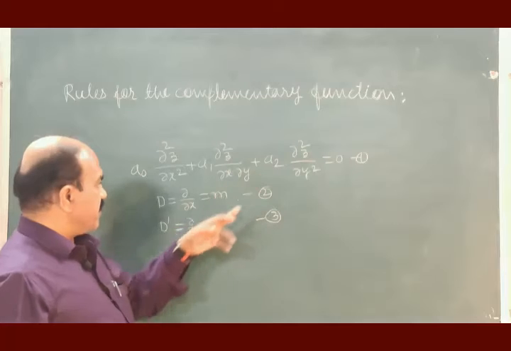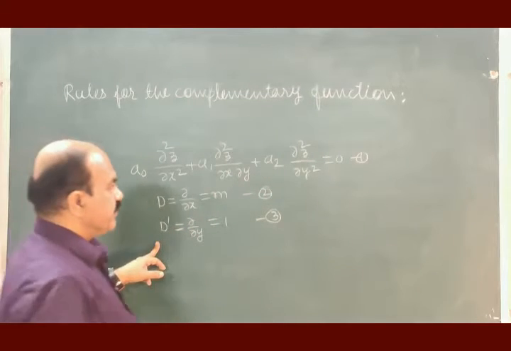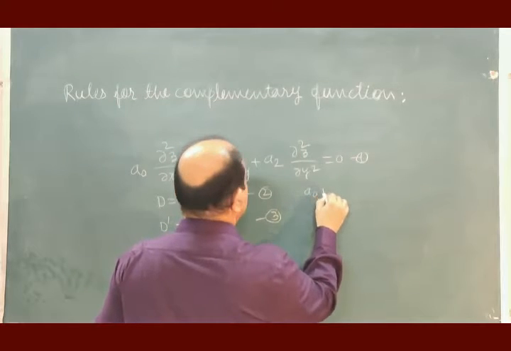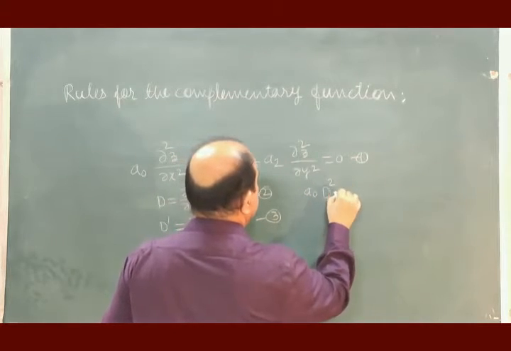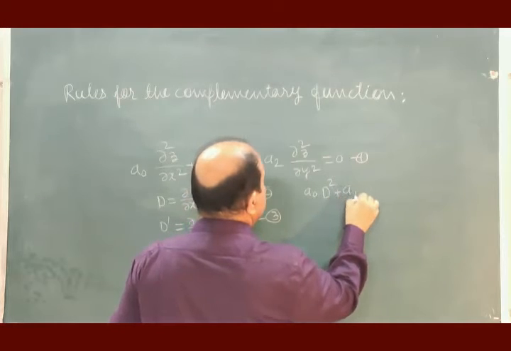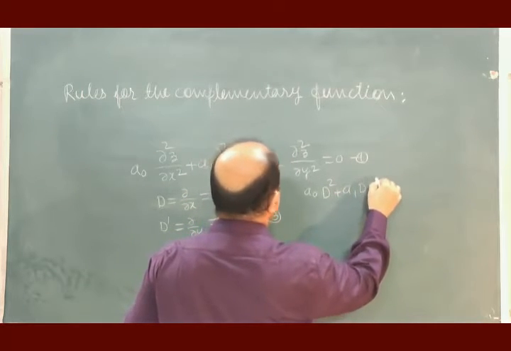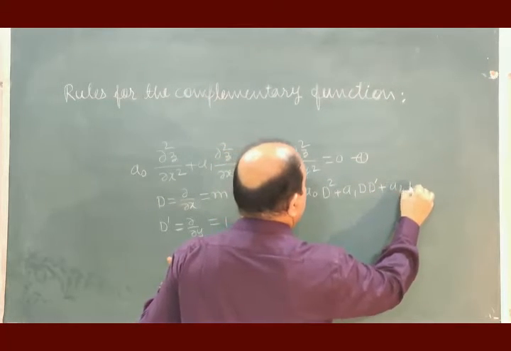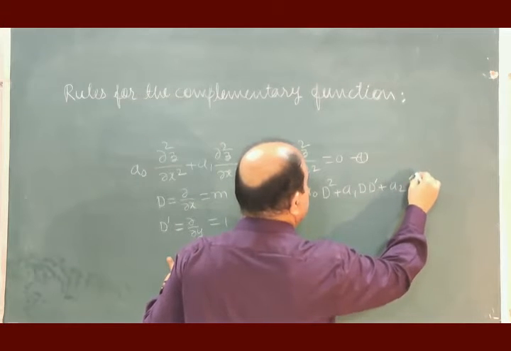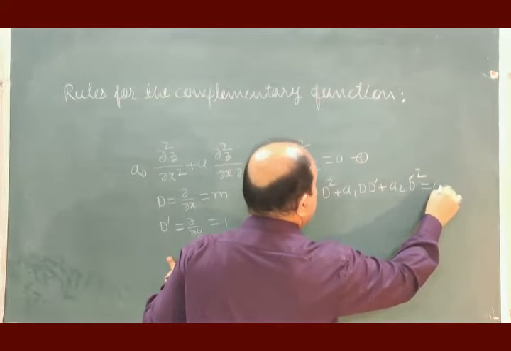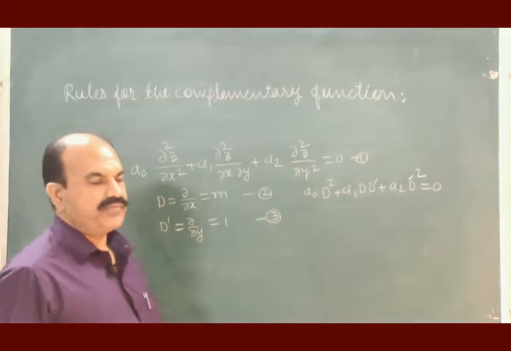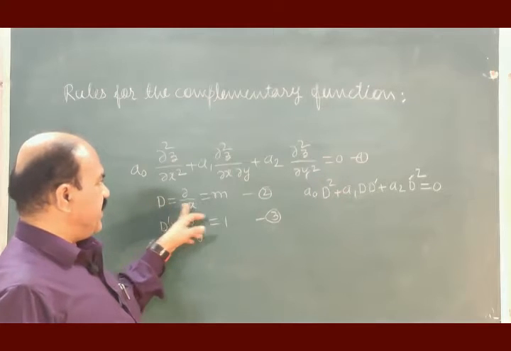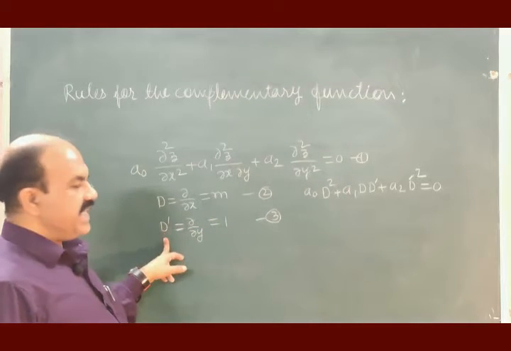Let us first write equation 1 in the form of D and D dash. That is a0 D square plus a1 D D dash plus a2 D dash square is equal to 0. But what is D here? m. What is D dash here? 1.